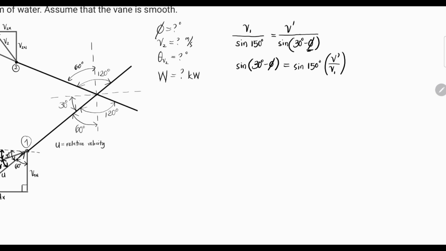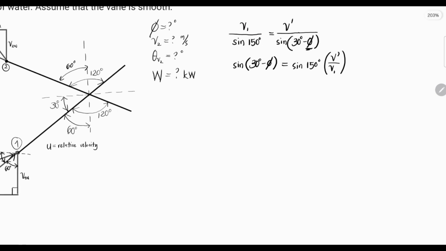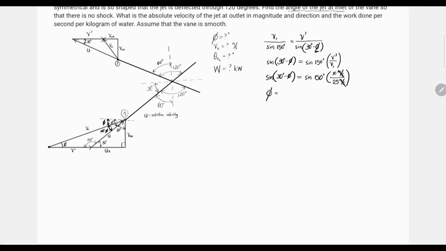So, supplying the values for V prime and V1, V prime is 10 meters per second over V1 na 25 meters per second. So, magkakancel yung mga units na to. Therefore, yung angle na hinanap natin ay may value na 18.46 degrees.